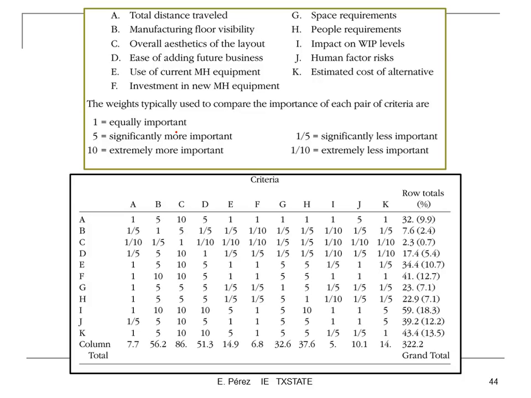So we are saying that that's very important, significantly more important than other issues, that relationship. So once you get that information or those relationships between those items, then you can start computing the totals for each one of the rows and each one of the columns, and that should give you some guidance in terms of what are the things that are more important for your design.